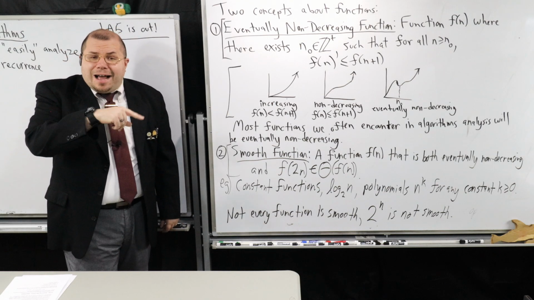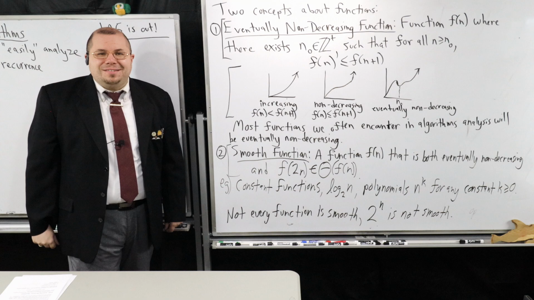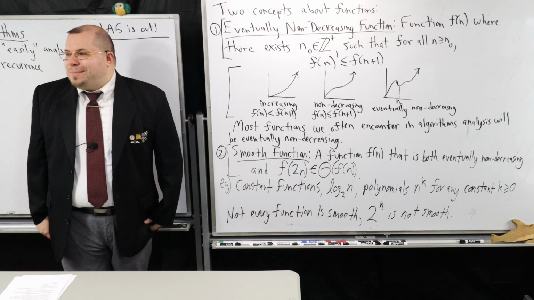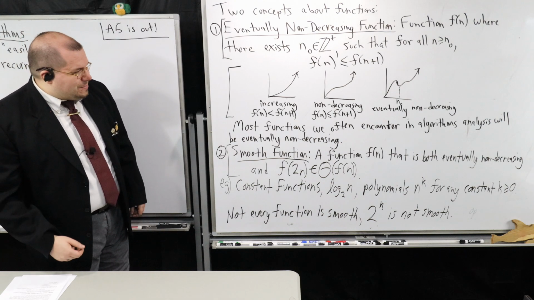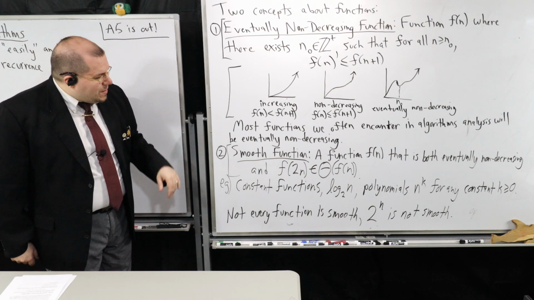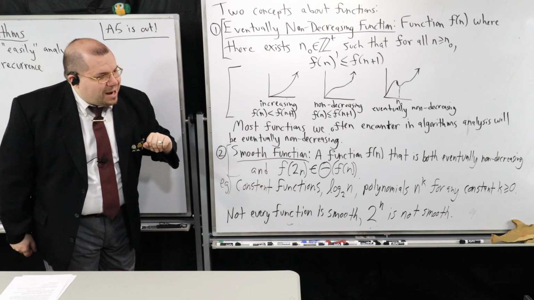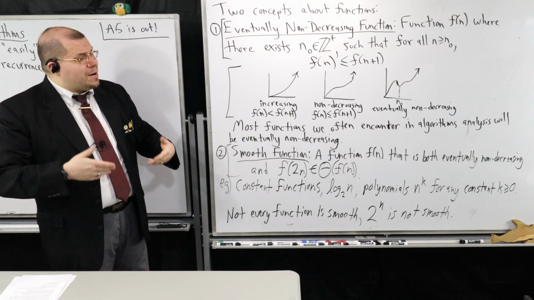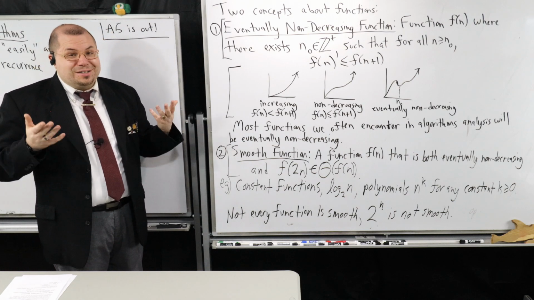It's also nice that a lot of the functions we tend to work with are smooth, at least many of the ones we've seen so far. Now, there are ones that are not smooth, however. For example, 2 to the power of n is not a smooth function. So be mindful that not every function is smooth.